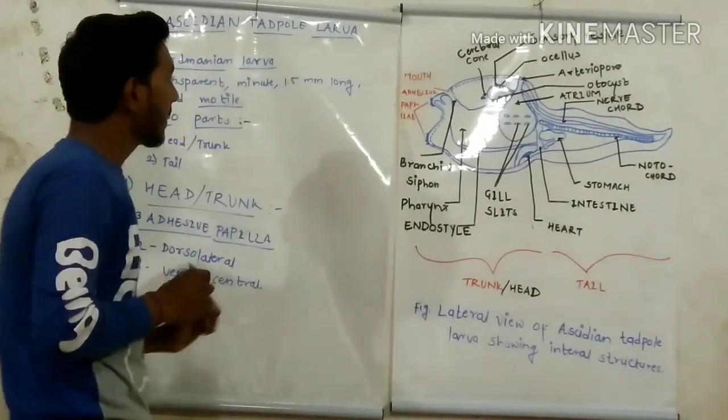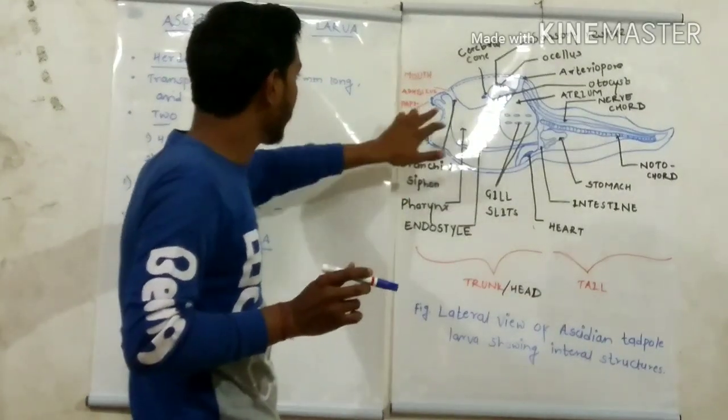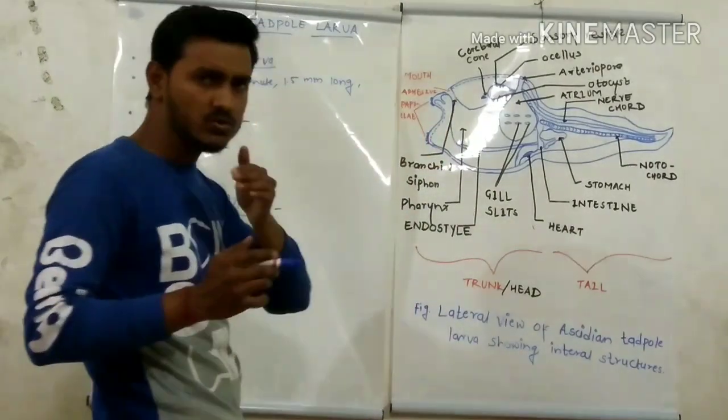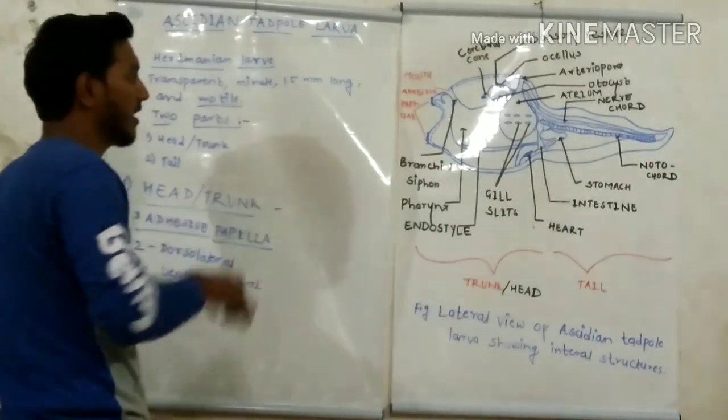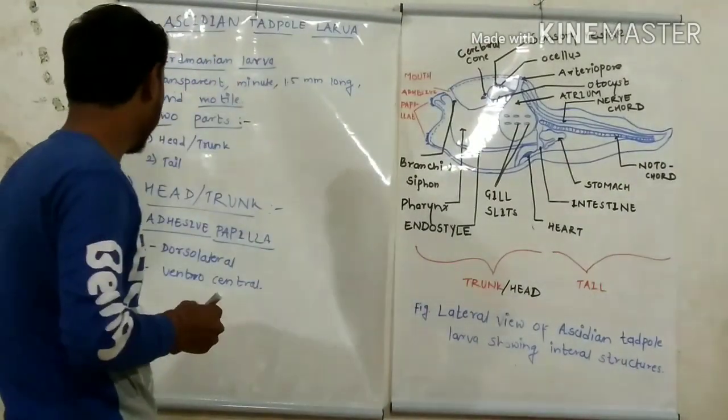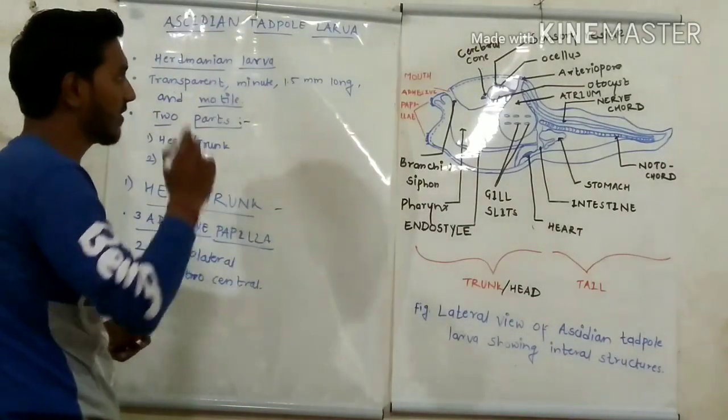Okay. Now the next part is mouth. But prior to going to mouth, we will study this sensory vesicle. In the dorsal part there is a central sensory vesicle.